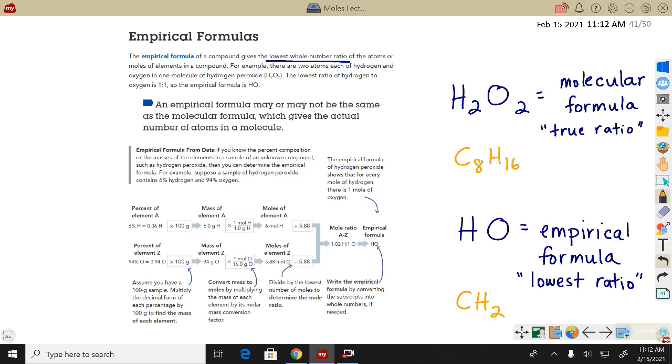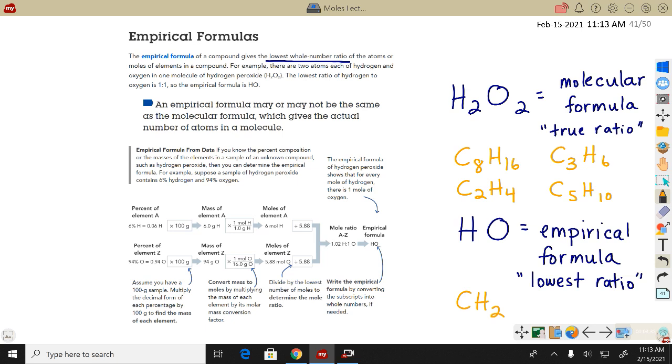I mean, I could have C8H16, I could have C2H4, C3H6, C5H10, and so on. Especially with covalent compounds, we can just have big molecules, and we can have different numbers of carbon and hydrogen, but these might all simplify to the same empirical formula.